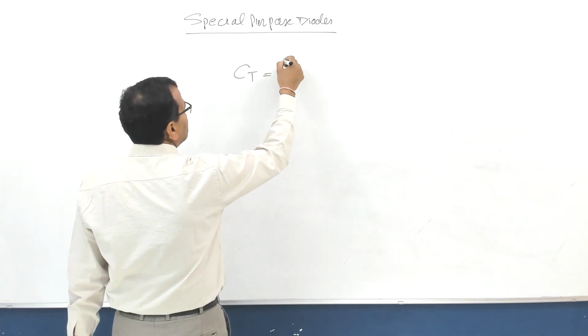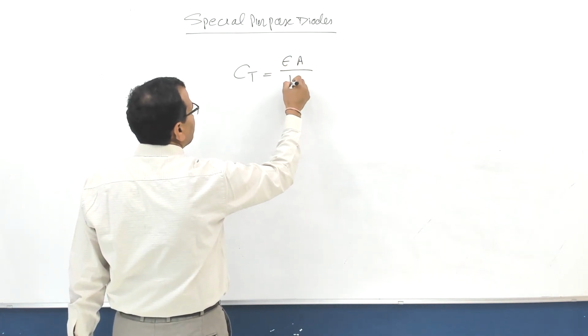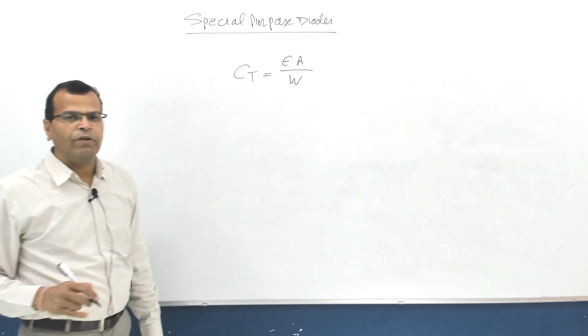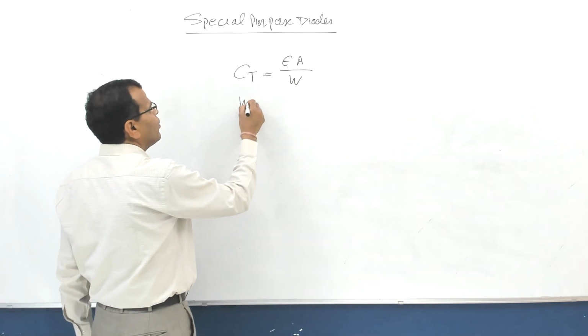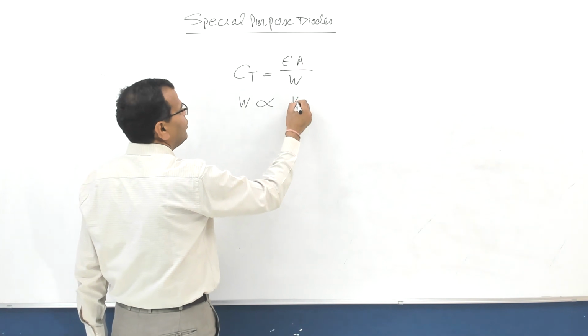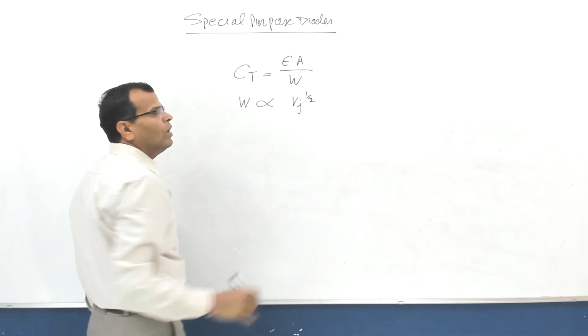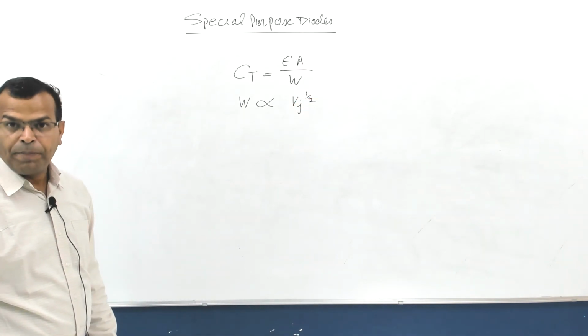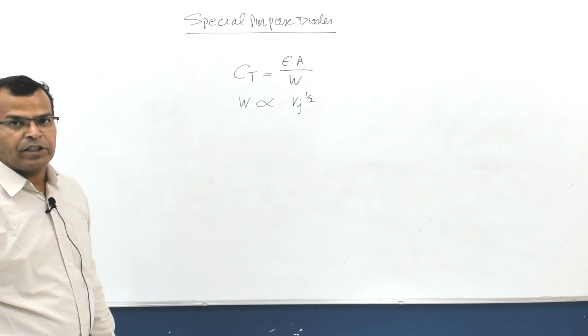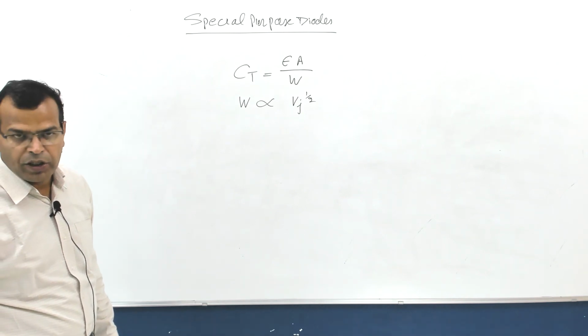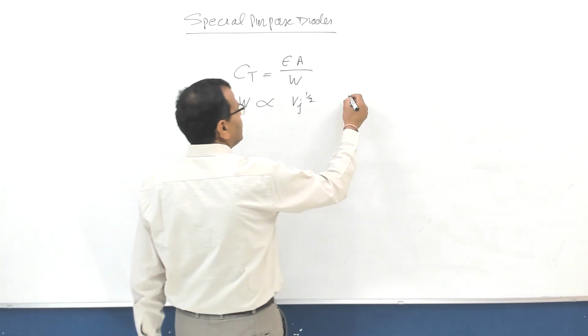We know the junction capacitance, that is transition capacitance of a diode, is given by this, and we know W is proportional to what? Vj to the power 1 by 2 for abrupt or step graded PN junction. I will be talking about step graded PN junction.